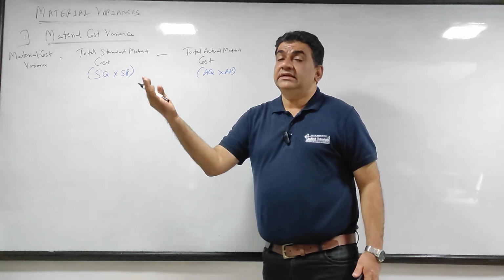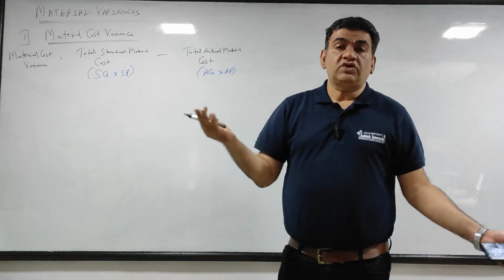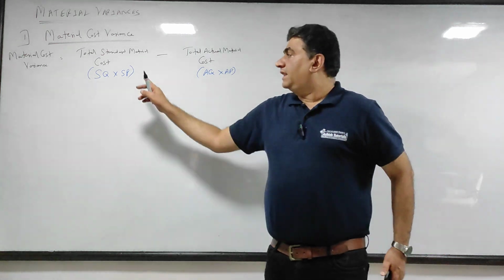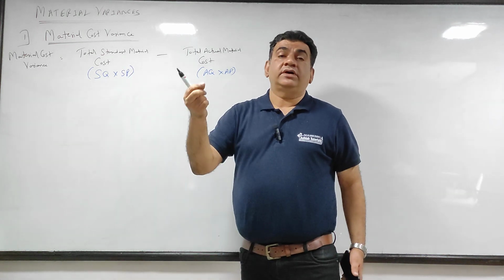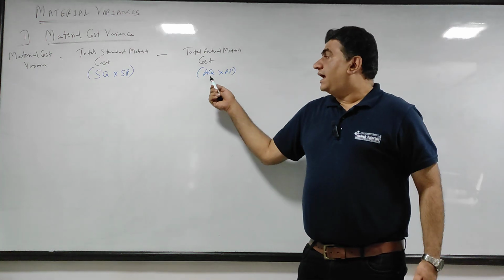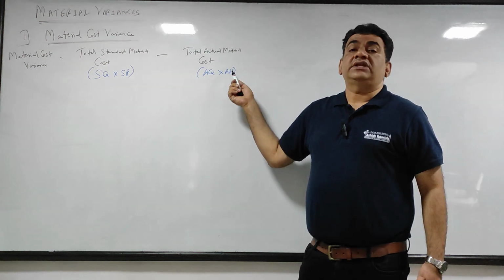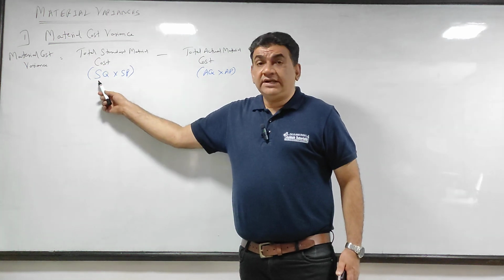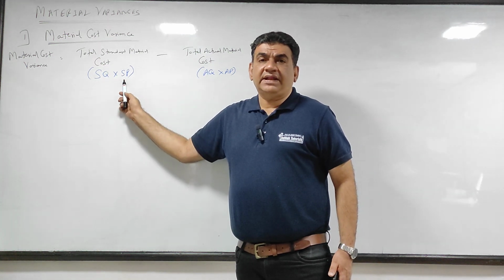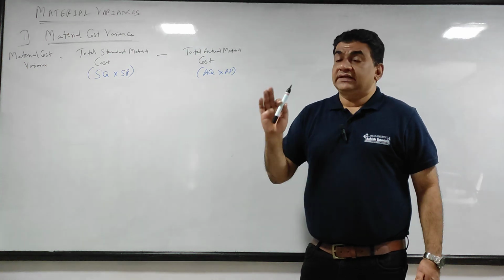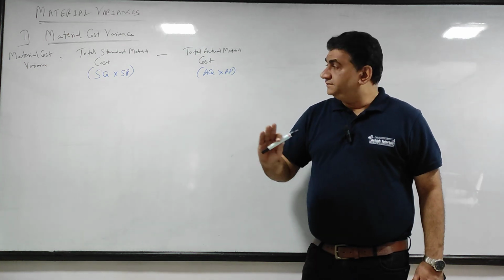Quantity means kgs or liters of raw material, whatever raw material is required in your business, and the price is what you paid per unit, and actual means what you have actually purchased and actually paid. Predicted quantity, predicted price, actual quantity, actual price.